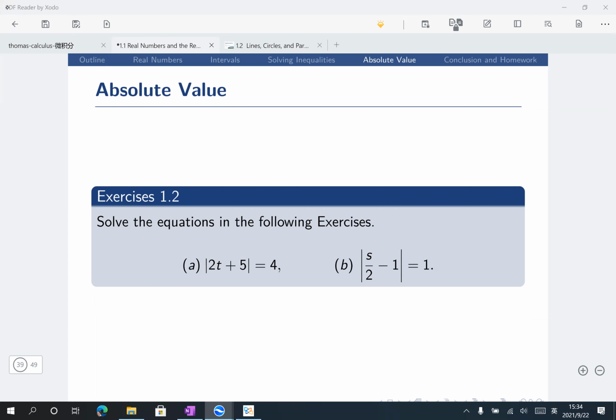If you finish, you can send your answers in the WeChat group.